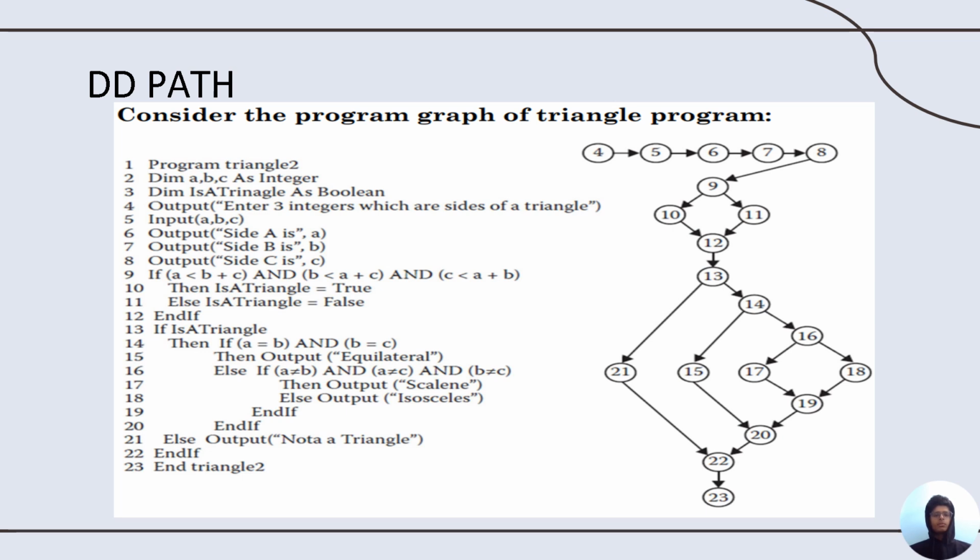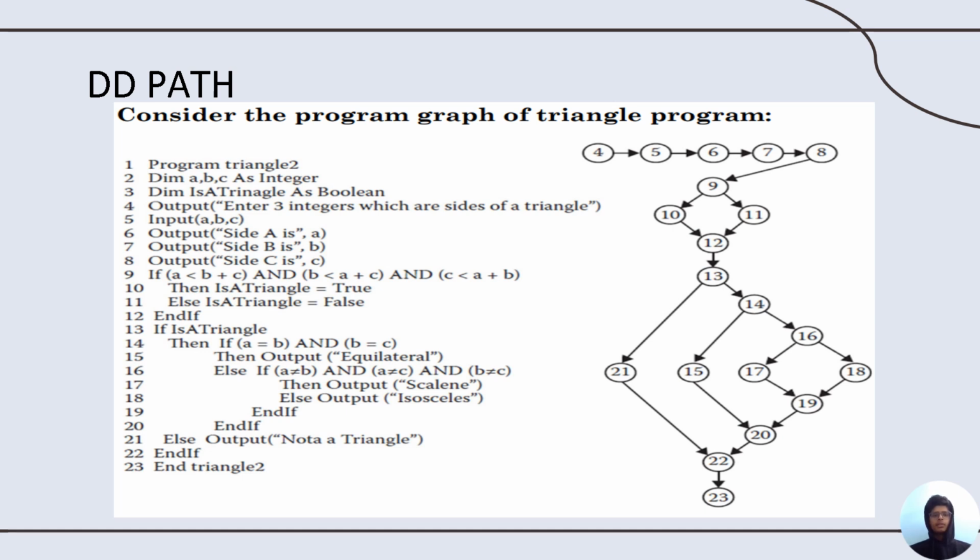If it's a triangle, we check whether a is equal to b and b is equal to c. If these are true, this is an equilateral triangle. An equilateral triangle has all sides equal. If it's not an equilateral triangle, it goes to else if, that is a is not equal to b and a is not equal to c and b is not equal to c.